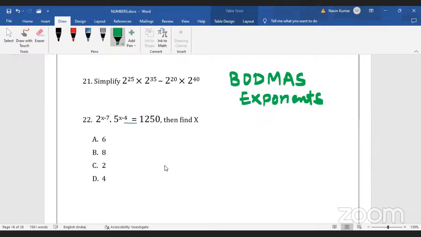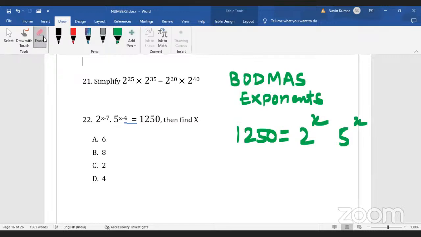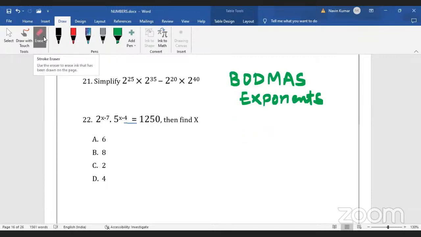In question number 22, you need to write 1250 as 2 to the power of something and 5 to the power of something. Do prime factorization of 1250, and easily you will get numbers in the form of 2 and 5 powers. You have to write it in the form of powers of 2 and 5, and you will get the answer.